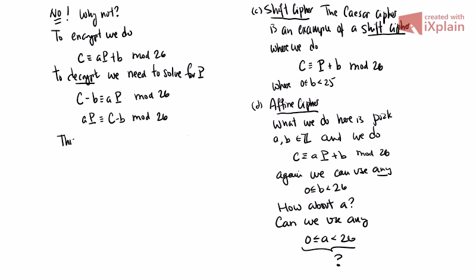All right, so this is a linear congruence with variable P. And just to remember, a linear congruence, generally for us, had this form: ax is congruent to b mod c.